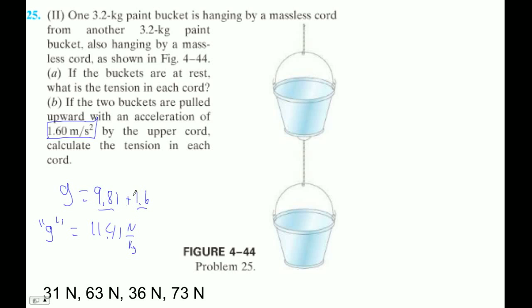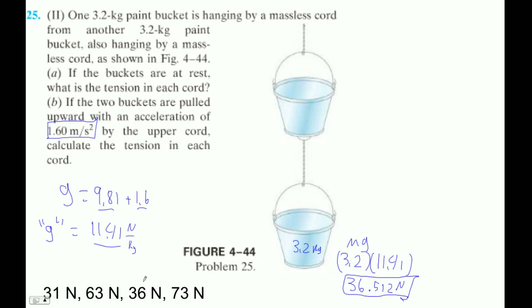So, bear with me. Now we're in a place where Earth is a bit more pulley. These are still 3.2 kilograms, that's their mass, but the weight of this one is mg, it's 3.2 times our new g, which is 11.41, so 3.2 times 11.41 is 36.512, which is exactly the number we got before, only we just got it a lot faster.